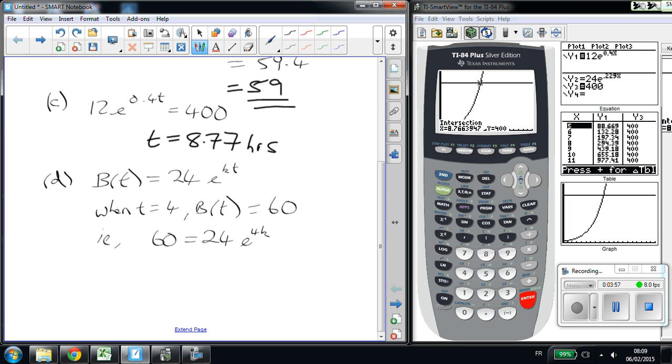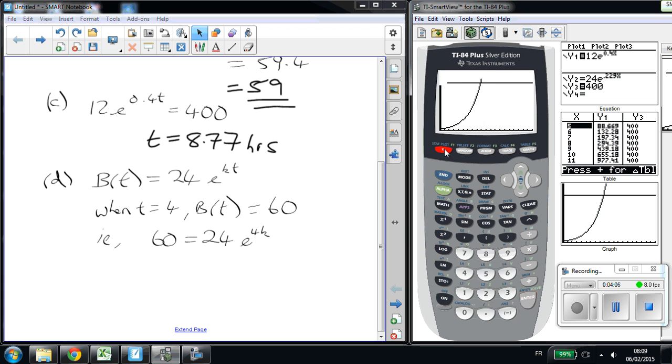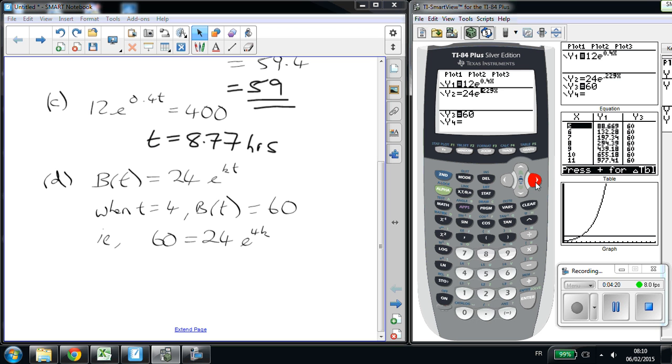Again, I could solve that algebraically, or I could solve that on the calculator. On the calculator, we'll get rid of that function 400, which we don't need anymore. We'll make it 60. Here's a formula I typed in earlier, 24e to the, we want to make that 4x, delete the rest of the formula. We're not interested in y1 anymore, so I'll turn that off.